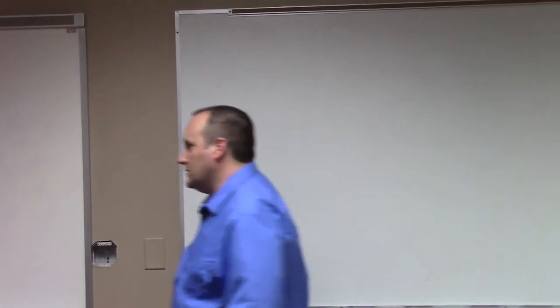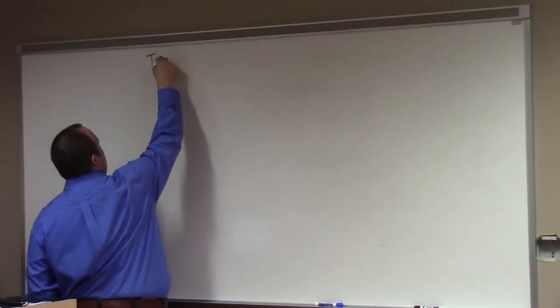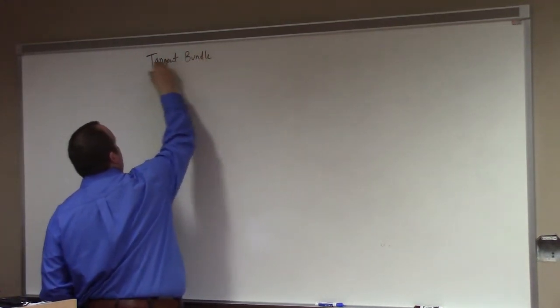So I think a pretty good place to start in terms of bundle constructions is the tangent bundle. All right, so what's the tangent bundle? What I will foolishly attempt to do is to describe what the tangent bundle looks like.